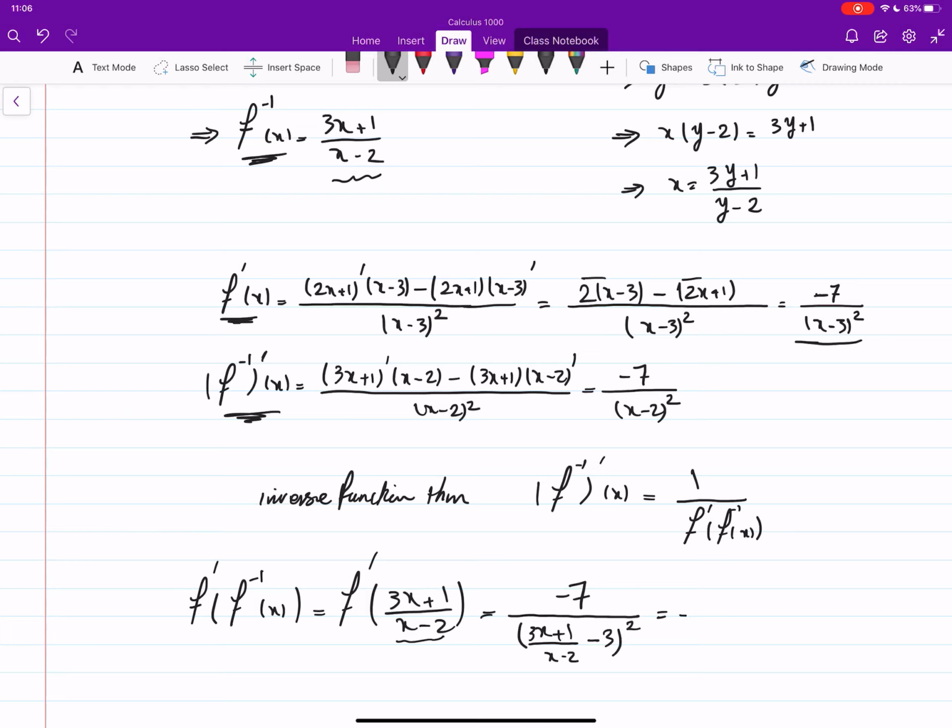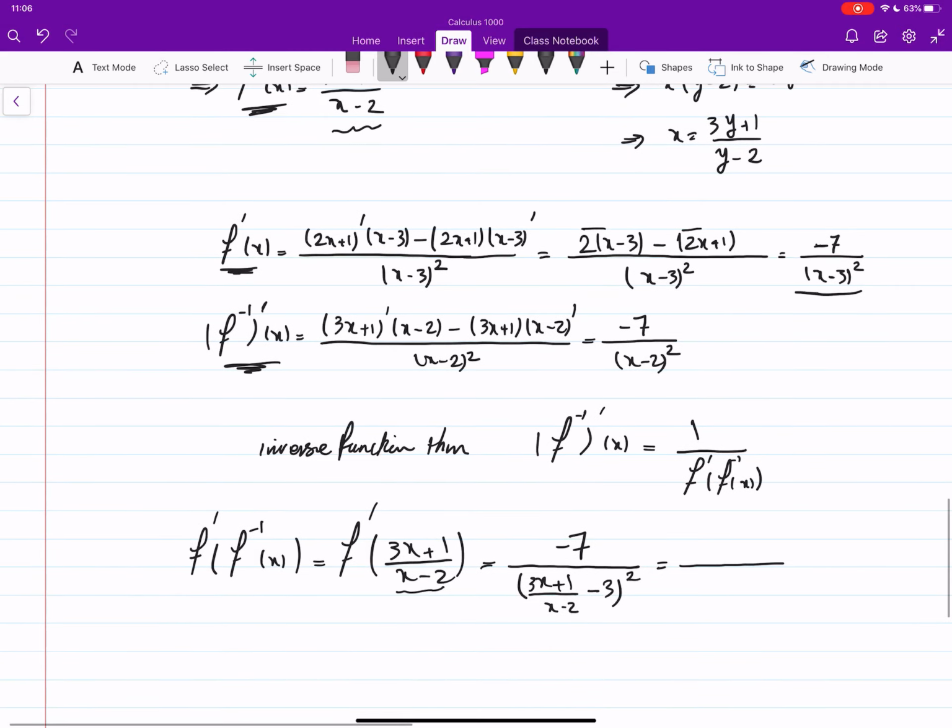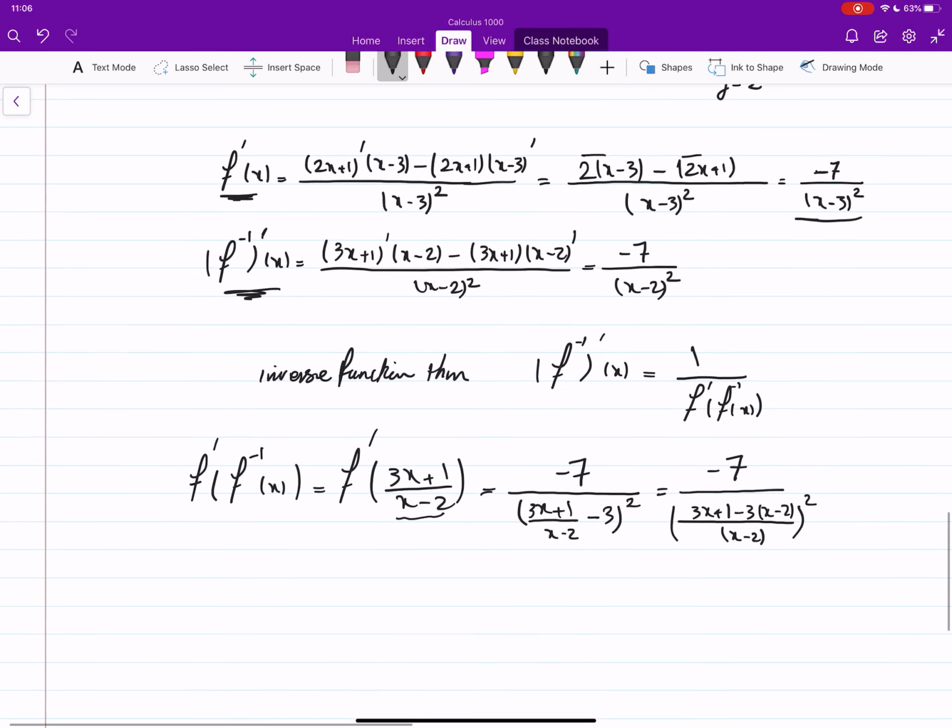Here we get negative 7 over 3x plus 1 minus 3 times x minus 2, over x minus 2, all squared.